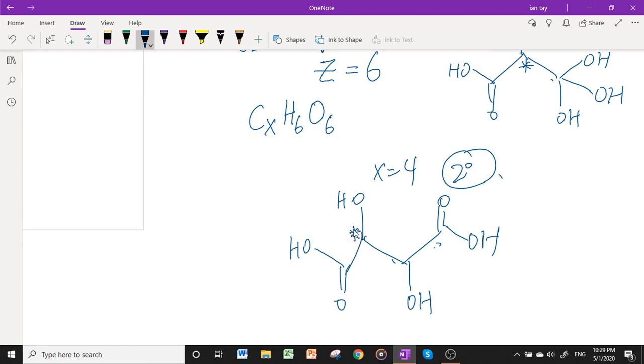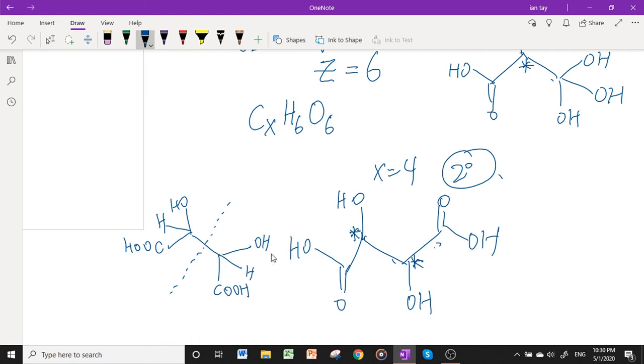Is this a chiral center? Yes, this is also a chiral center, and there's a meso compound, correct? There's a meso compound where there's a plane of symmetry. Correct, there's a plane of symmetry in the meso compound.